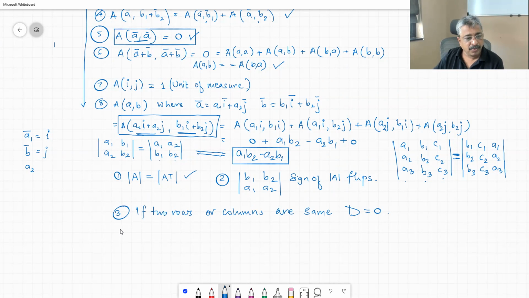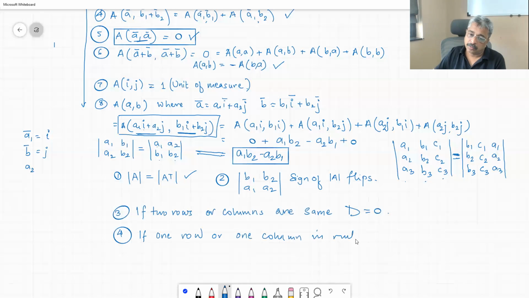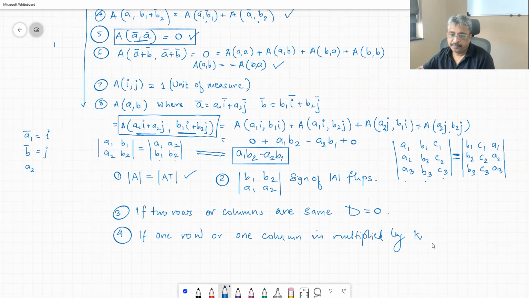Property number 4. If you multiply one row or one column by constant k, then determinant gets multiplied by k.